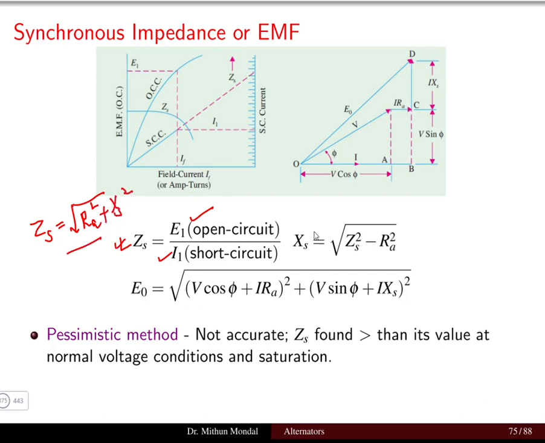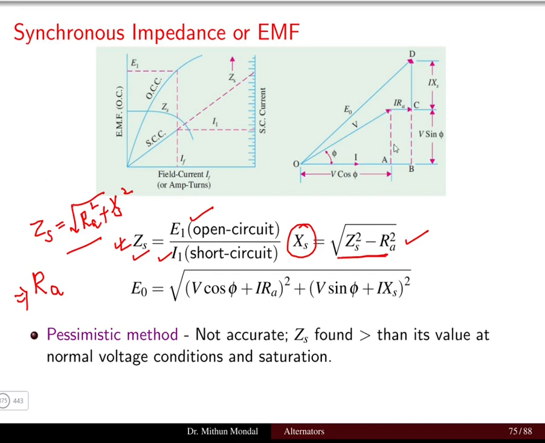Now we can find the synchronous reactance of the machine directly when we have obtained ZS and we have already measured RA using the voltmeter ammeter method or the Wheatstone bridge method. So XS is the square root of ZS squared minus RA squared.